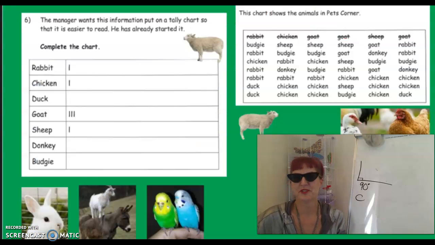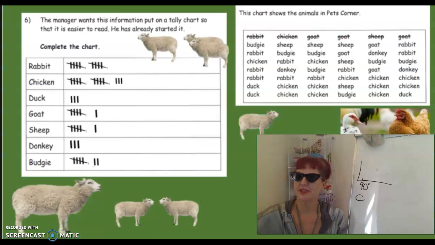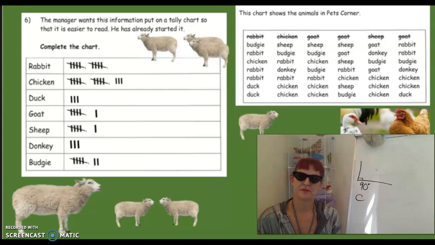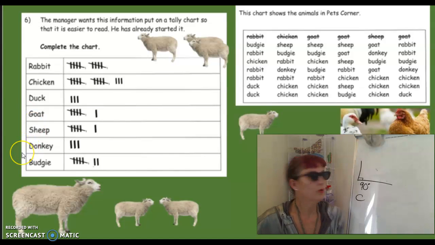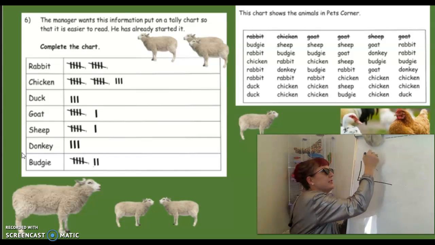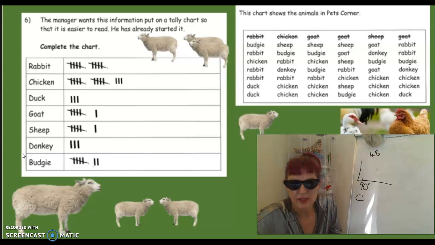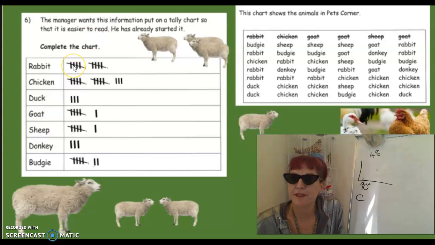I'm showing some mercy. This is my tally chart. Does yours look like that? Did they add up to, what was the magic number? 48. Let's have a look. I'm going to do my 5s first.